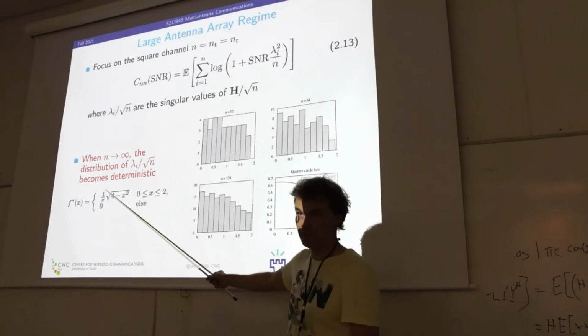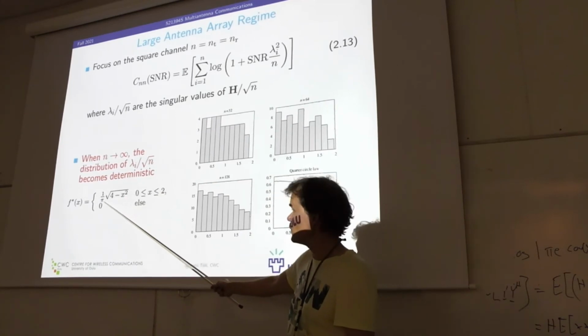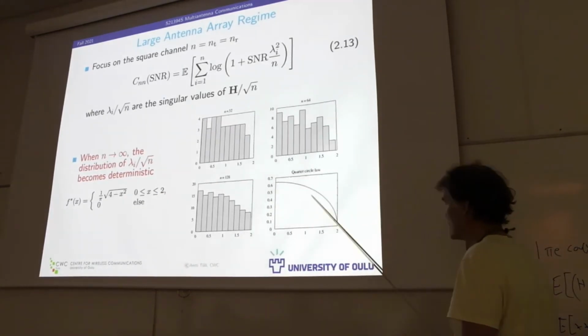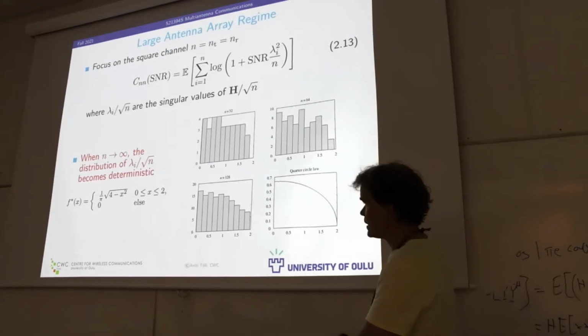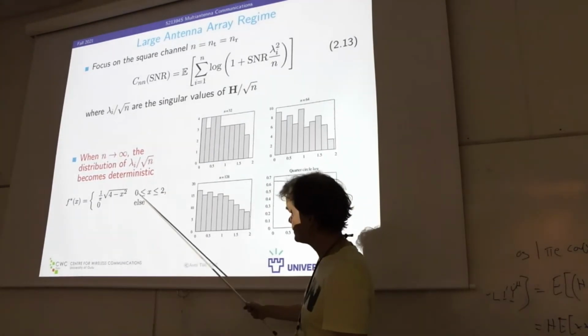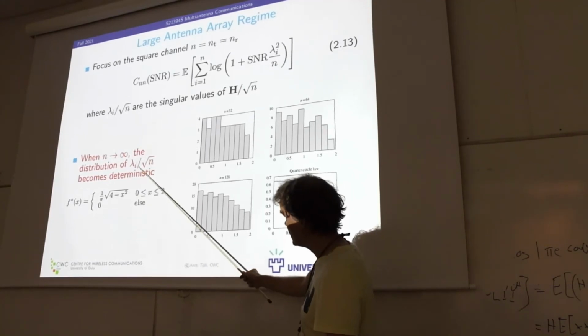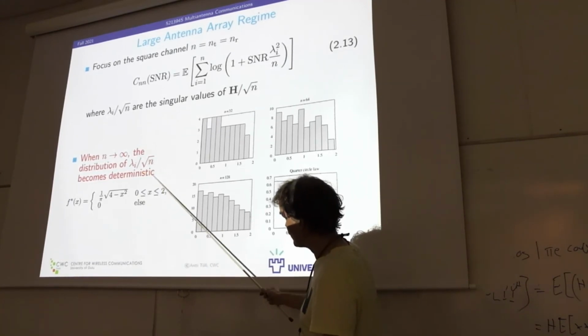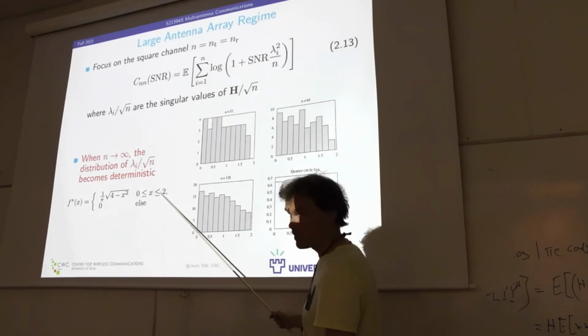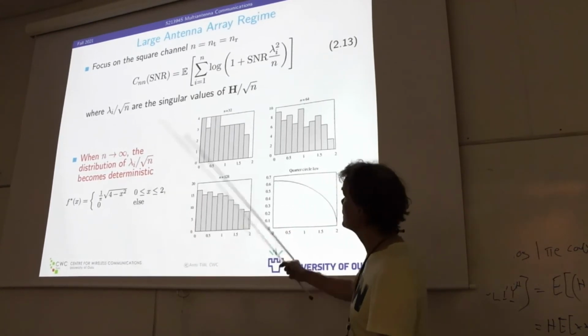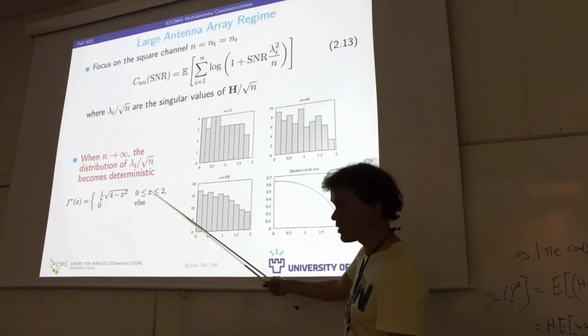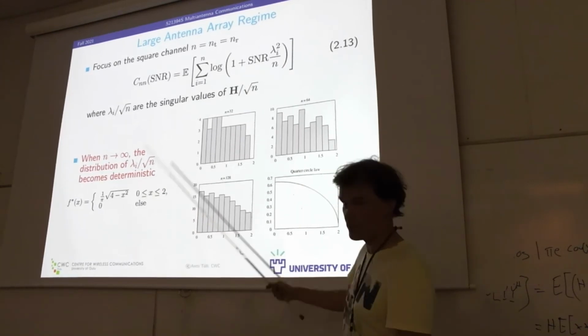The simple formula follows this expression, and it's valid when the normalized lambda_i over square root of n, which is x here, is between 0 and 2, meaning that the squared version is between 0 and 4.